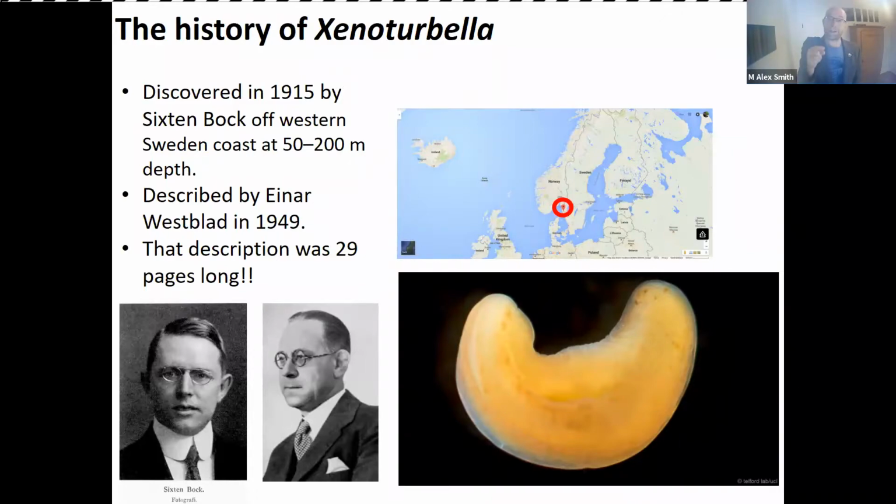Now that description, amazingly, of the Xenoturbella was 29 pages long. Now, I don't read or write Swedish, so I don't know if that's just a characteristic of how complicated the language is, but I don't know that if you paid me, I could come up with 29 pages about that particular organism.